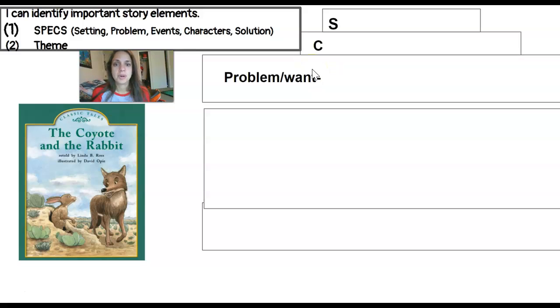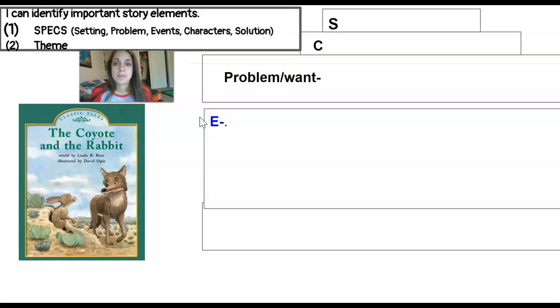Now, the problem or the want? What was the problem or what did the characters want? When you are writing this key detail on your Seesaw graphic organizer, make sure you're using the characters' names and complete sentences. Now, the events are how the characters get what they want or solve their problem.